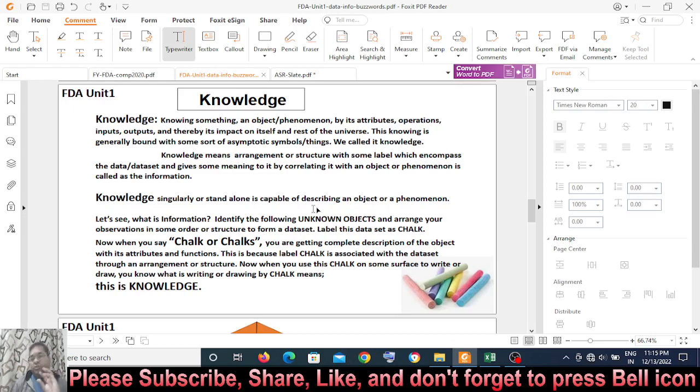If you know something by its complete details, you have the complete information. But you know it only when you do some experiments, when you work on it. Unless and until you do that, you can't call it knowledge.